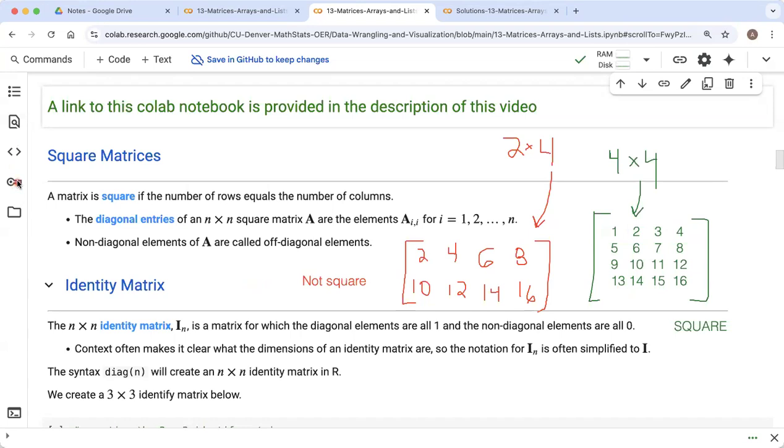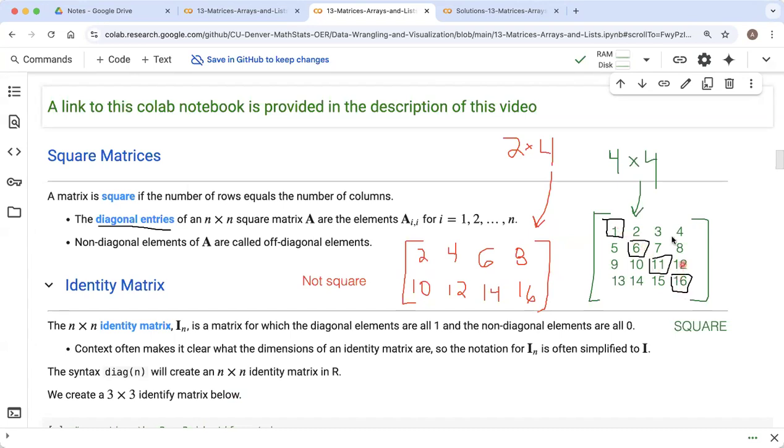And when we're talking about a square matrix, we have diagonal entries. So that would be the entries that are on the diagonal. That would be 1, 6, 11, and 16. We would call these the diagonal entries, and everything else would be considered an off-diagonal entry. These diagonal entries I've boxed in black: 1, 6, 11, and 16.